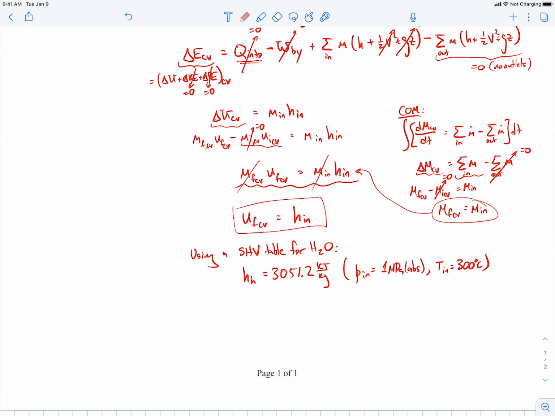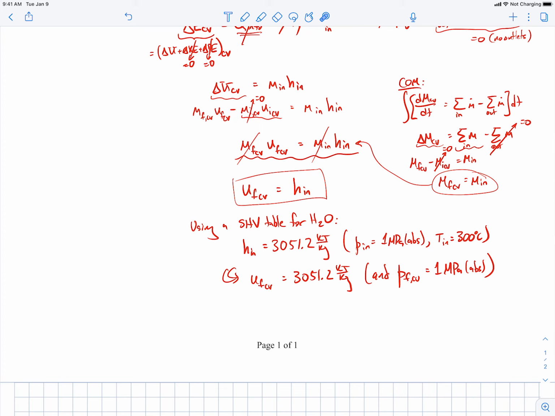Now I know that the final specific internal energy within the control volume is equal to 3,051.2 kilojoules per kilogram. I also know it's given that the final pressure within the control volume is also 1 megapascal, because it's being filled up until the pressures equalize. So now I have two properties at the final state within the control volume, and I can go back to the property tables and find the corresponding temperature.